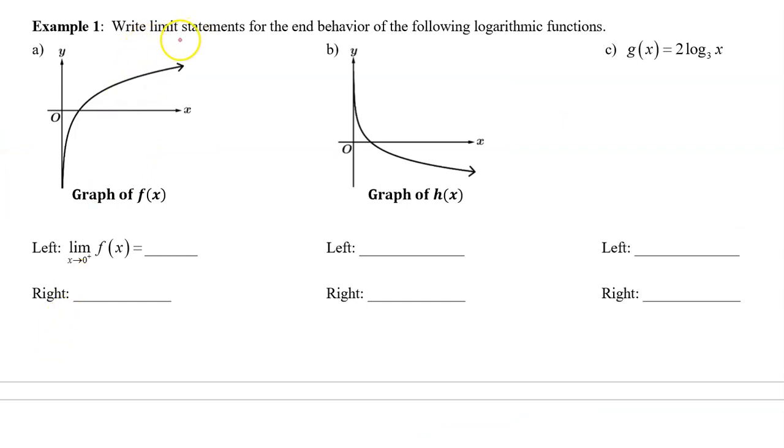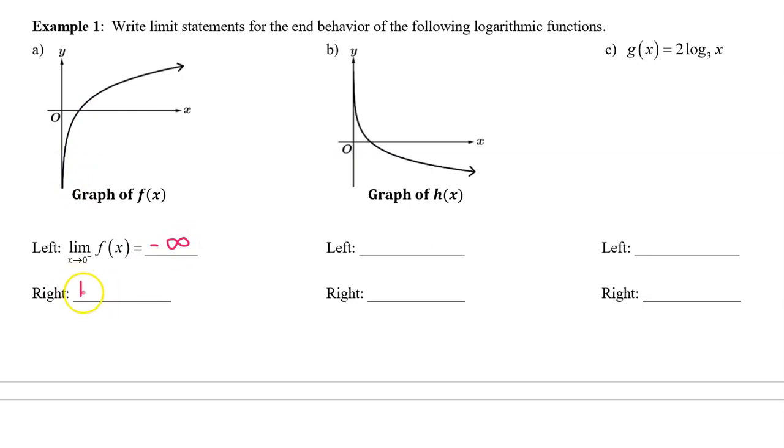Example 1. Write limit statements for the end behavior for the following logarithmic functions. Part A. For the left end behavior, be sure to say the limit as x approaches 0 from the right of f of x. And we see that as x approaches 0 from the right, f of x approaches negative infinity.